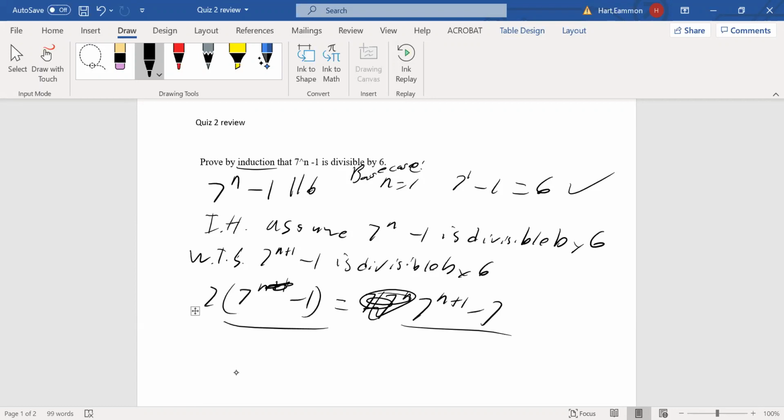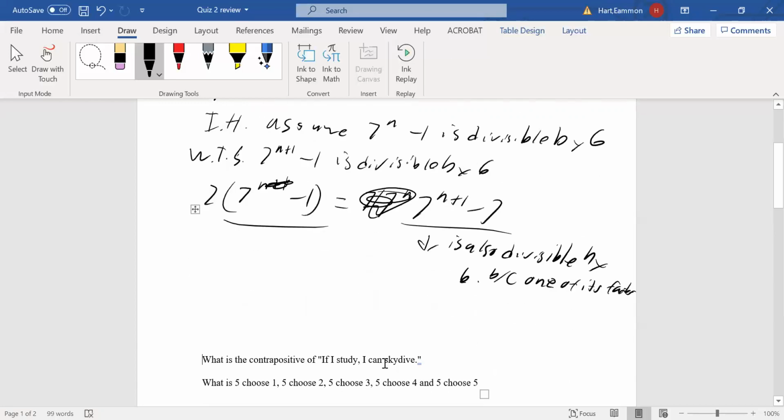Yes, exactly. So this is also divisible by 6, because one of its factors is. Namely, 7 to the n minus 1 is.